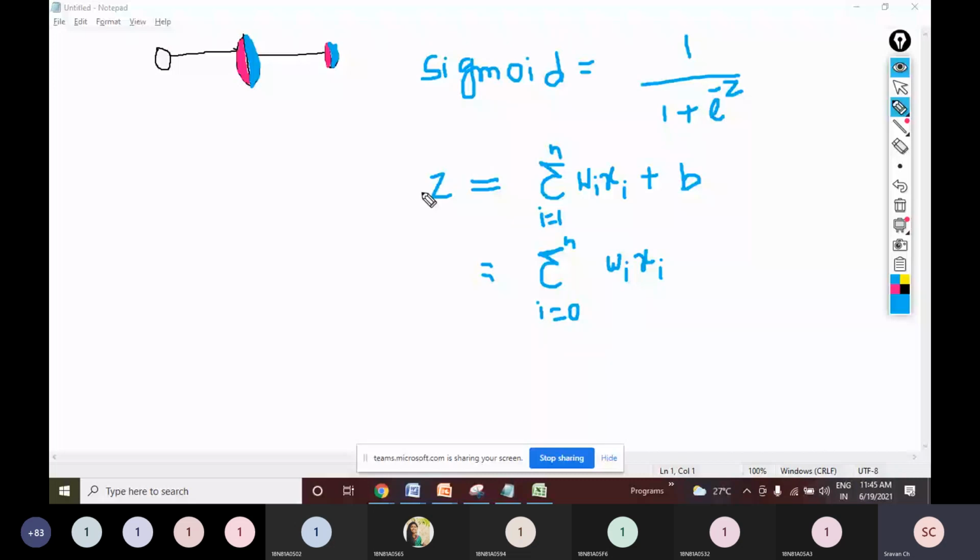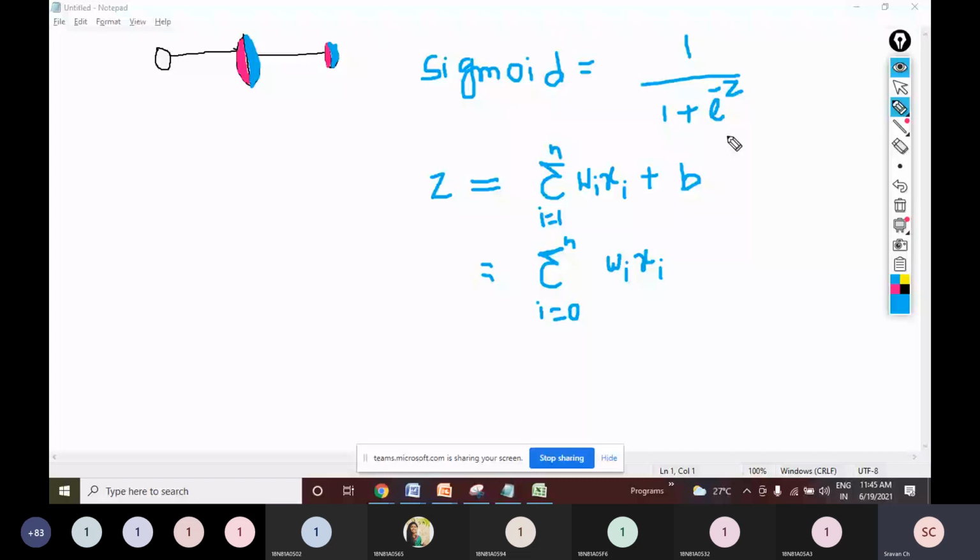Now this z, whatever I am getting, is a linear output. We have discussed elaborately what is a linear output, what you mean by a non-linear function, and why we want to make our output non-linear. All real-world problems, except regression problems, have non-linear outputs. So when most real-world problems are non-linear, our neural networks should also be able to generate non-linear outputs.